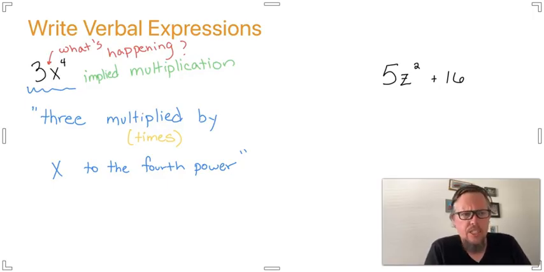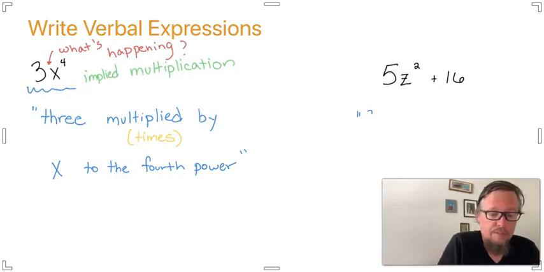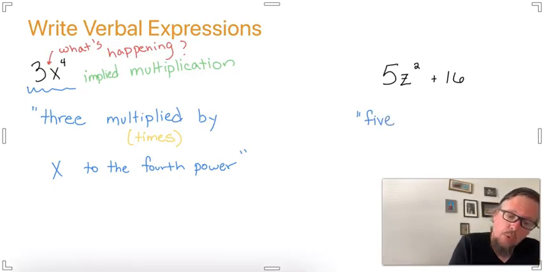Okay, let's take a look at the one right next to it. We've got a 5 and then a z and an exponent of 2 plus 16. So if I was going to say this out loud, I would start off by saying 5. Just like on the last problem, we have some implied multiplication going on right in here.